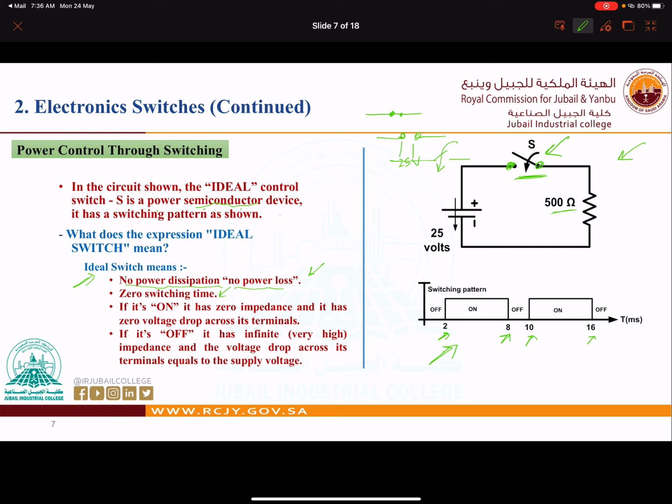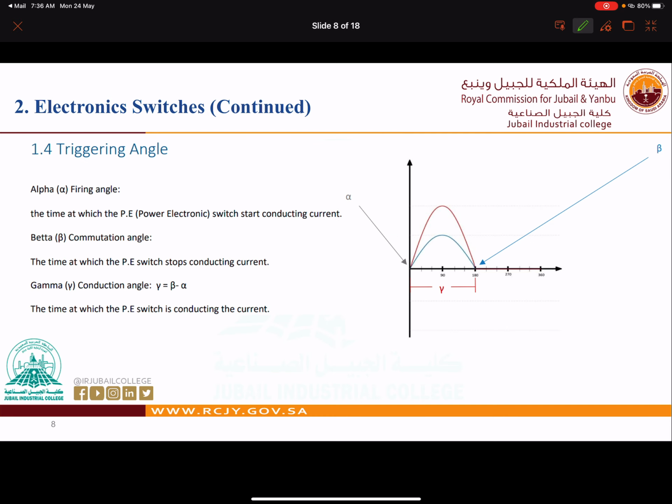I just want you to understand what is switching here in this slide. Now, let's go to the concept. If you remember in Electronics and Circuits 2, we have the waves, right? This is the waveform, and this is one ripple.